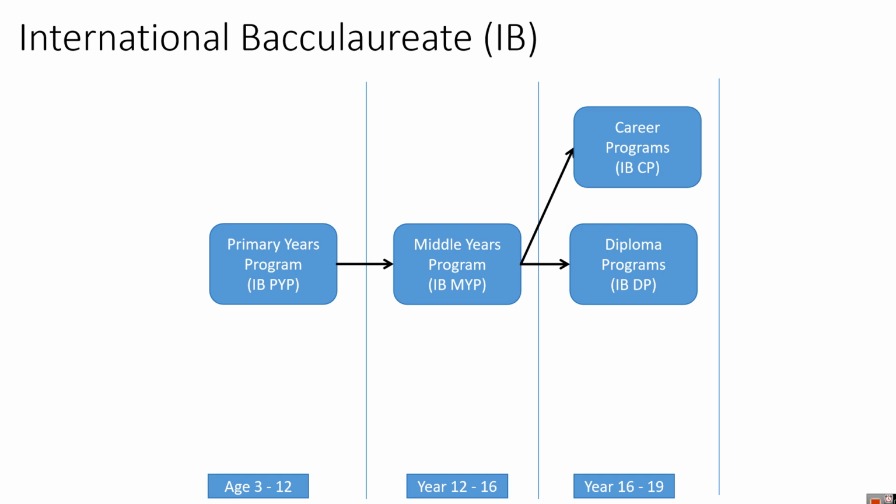The difference between these two is that the diploma, or the IBDP, is more of a generalized learning, where you can choose several subjects of your own liking, but you're not specializing in any specific field. You're just trying to specialize in science or arts, or whatever field you are opting for. But when you're looking for the IBCP, or the career program, some of the schools are offering IBCP internationally.